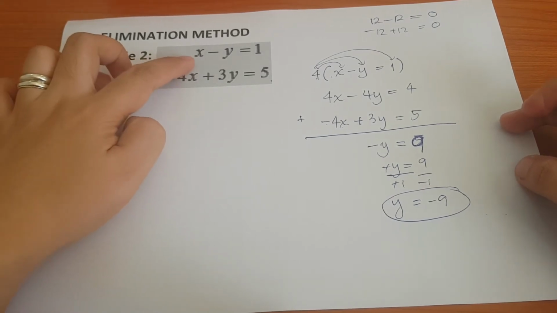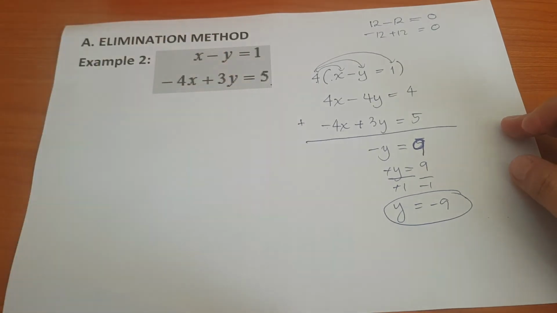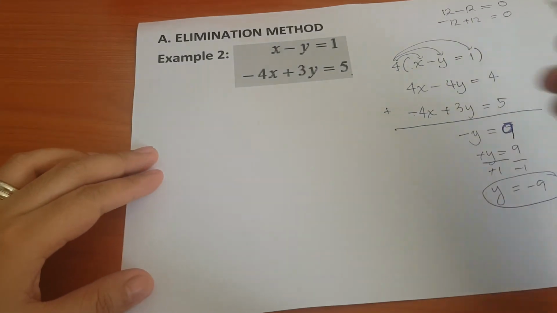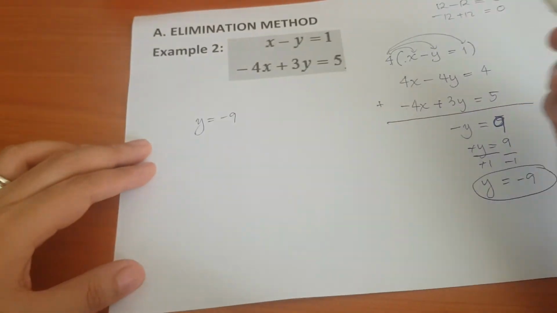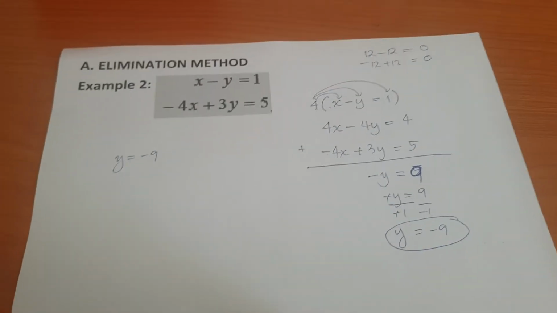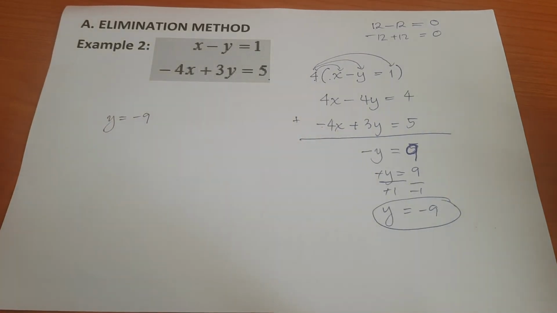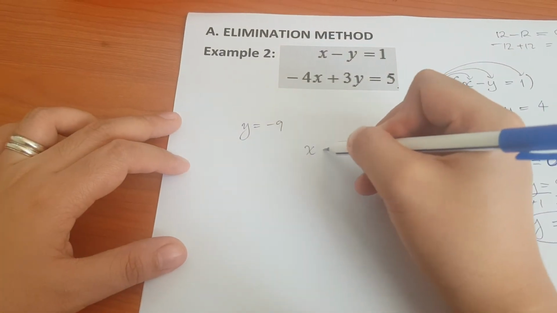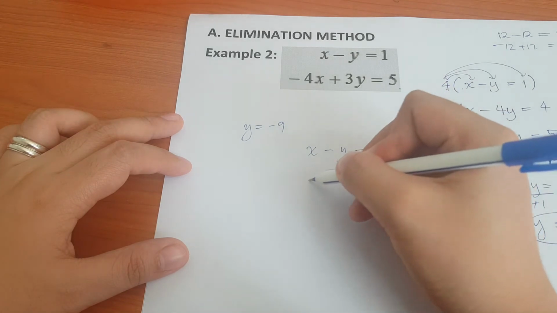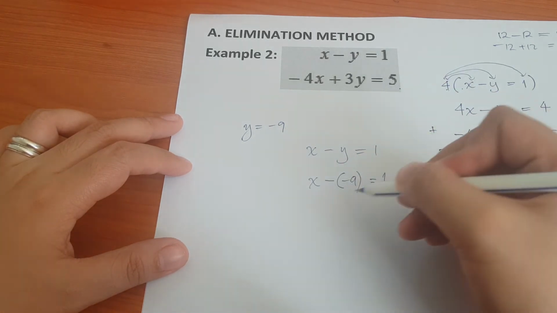So we will substitute it into the first equation, because I think this is easier. So y is minus 9. Let's substitute it into the first equation, x minus y equals 1. x minus minus 9 equals 1.